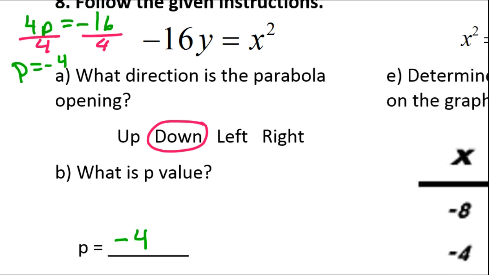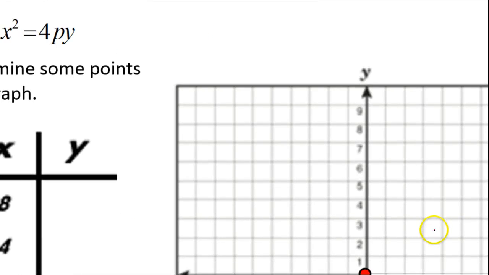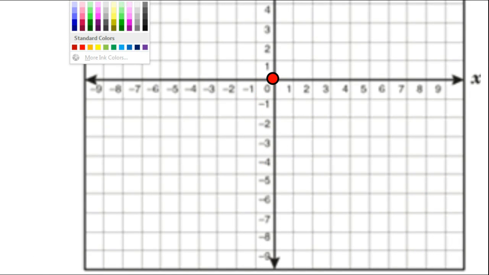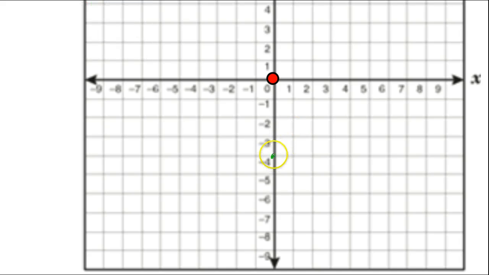All right, let's get a graph started. We know the vertex is 0, 0, and we know that's going to go down, and so we know the focus will be down 4. So we'll use this graph to help us. So the focus will be right here at 0, negative 4.